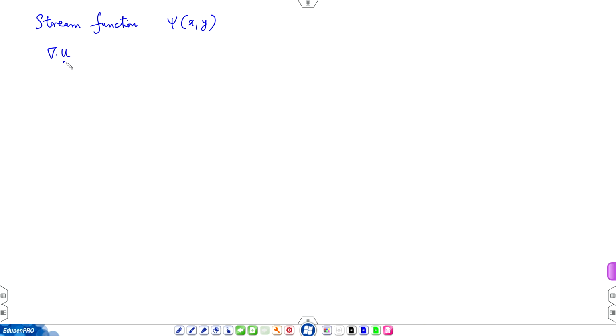So, when del dot u is equal to 0, it is quite common to introduce a stream function that helps you. The purpose of the stream function is just to help you visualize the flow. So, you remember the definition of a stream function.